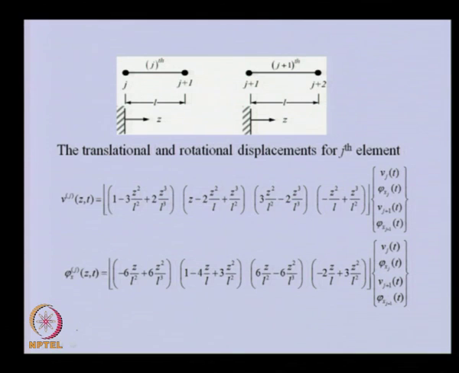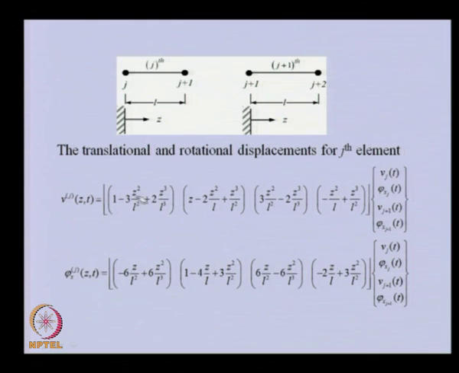Now, let us see the two elements. Basically, we are trying to see the compatibility condition at the common node. If we predict the displacement from this element and this element, whether we have a similar prediction of the translational displacement as well as the slope, because we have seen earlier that for this particular shape function we require compatibility up to the first derivative.